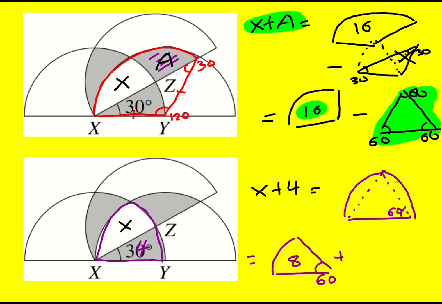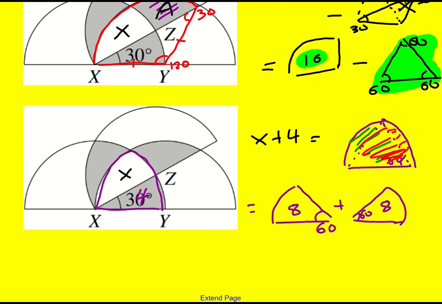Then I can find the area of this sector going in the opposite direction. Again, 60 is going to have an area of 8. So I found this area in green, and I found this area in red. I've double counted the inside, so I need to minus an equilateral triangle with lengths of r.